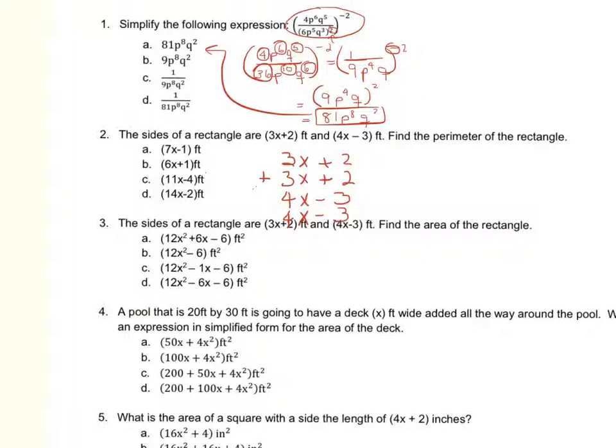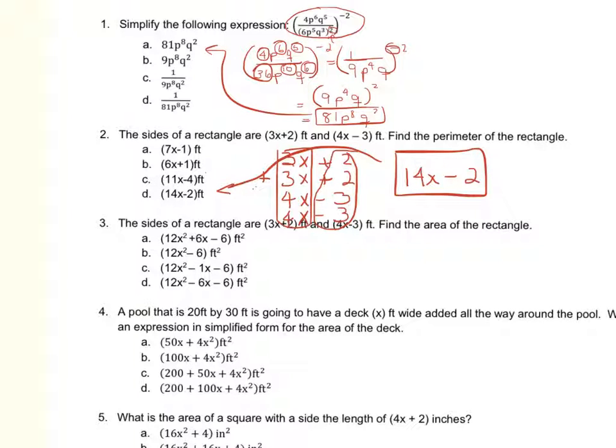And I wrote over a few of my notes there, but we can see that it's pretty easy to add up all the x stuff. That's 8, 9, 10, 11, 12, 13, 14 x's. And then add up all the constant stuff. That's a 4 and a negative 6, so it's minus 2. And there we go. And we can see clearly that's answer D, 14x minus 2.